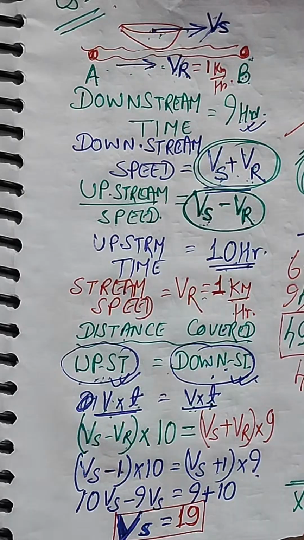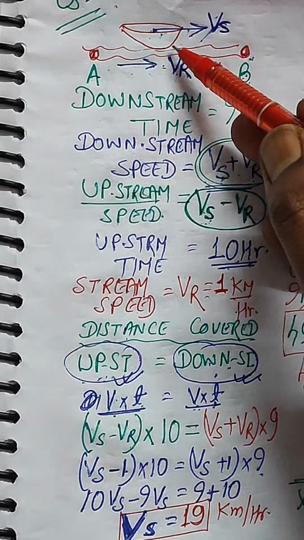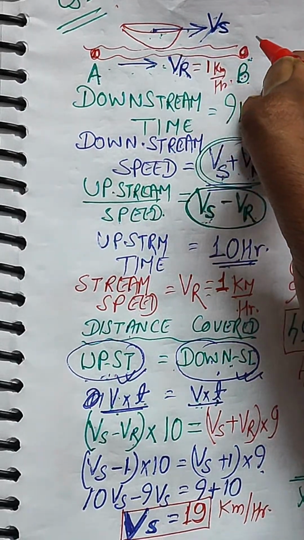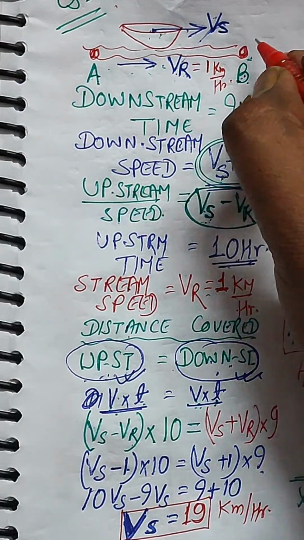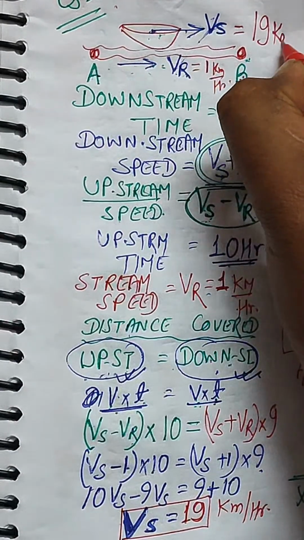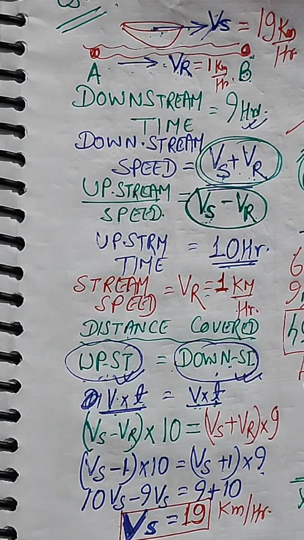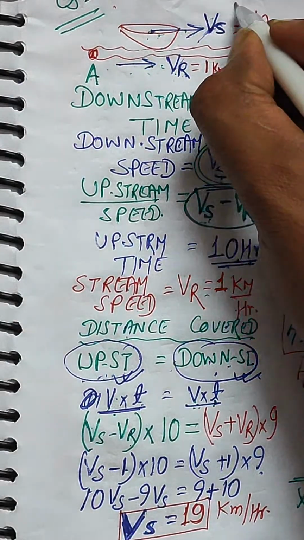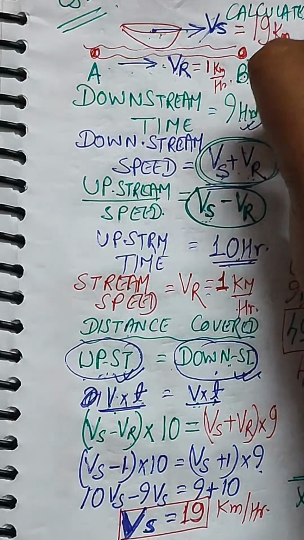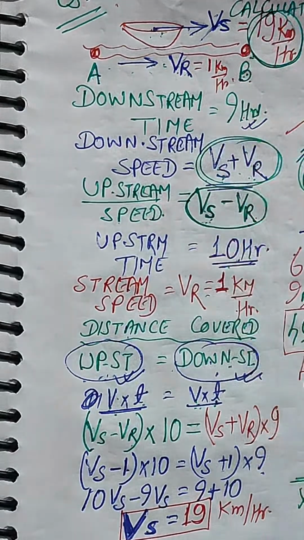So 19 kilometer per hour is the speed of our steamer Vs. This is calculated, that is, the steamer speed is 19 kilometer per hour, right?